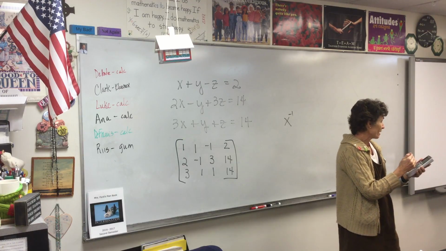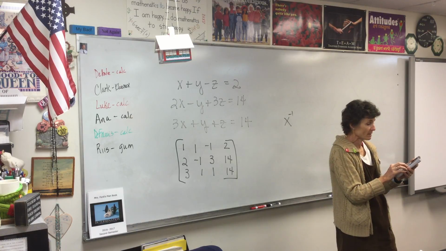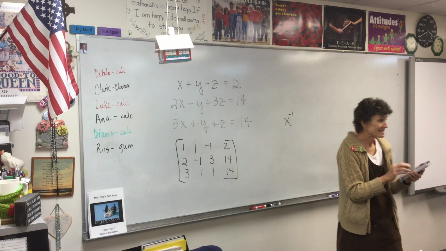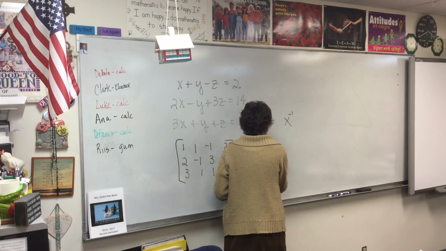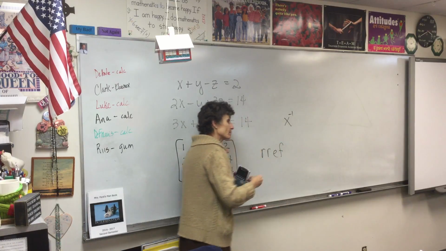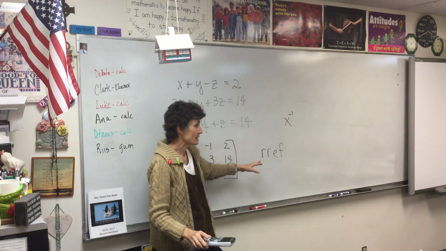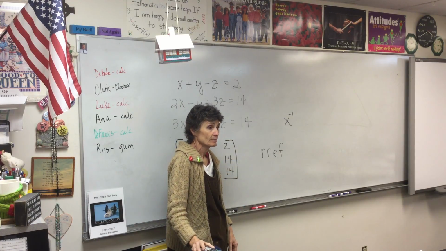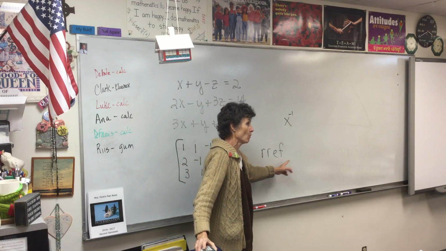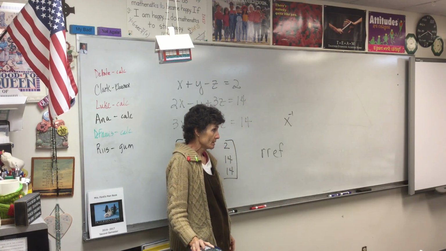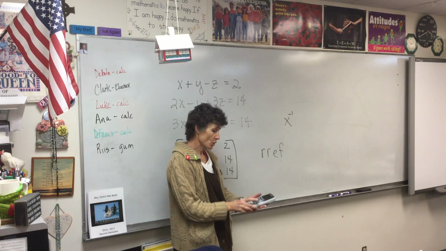Now you see a whole bunch of stuff, right? I want you to go down that list. Oh my gosh, there's so much we can do with matrices. We're going to go all the way down until you find this. So go all the way down until you see RREF. That stands for Reduced Row Echelon Form. You don't need to know that. We're just using the RREF button. So press that button.